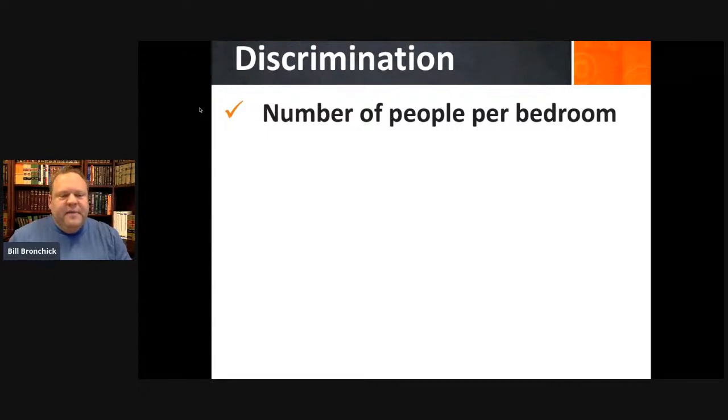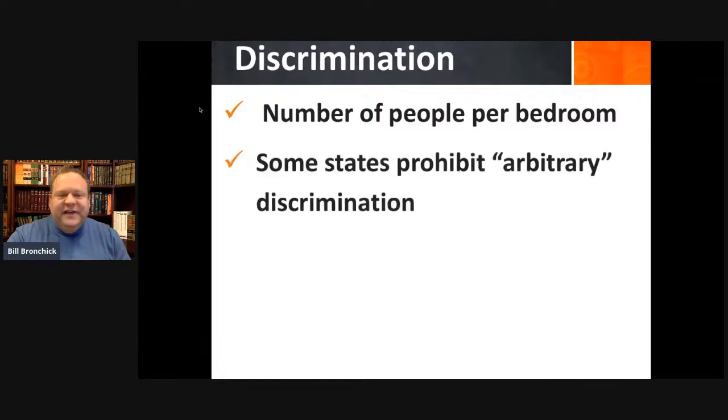And you're renting a 3-bedroom house and an applicant has 11 kids. Is that okay to put 2 adults in 1 bedroom and 11 kids in the other 2 bedrooms? Probably going to violate local code, but you're discriminating based on the size of the family.